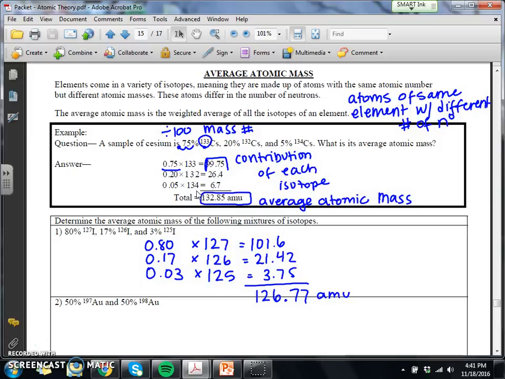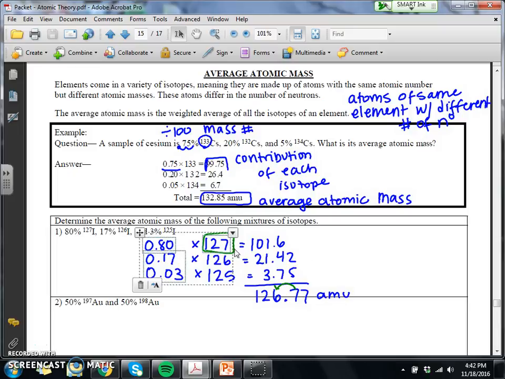Now, one thing to note is that the number 126.77 is closest to 127, right? If we were to round this up, I would get 127. But that should come as no shock to us because iodine-127 makes up 80% of it. And that means it's going to be closer to that number.